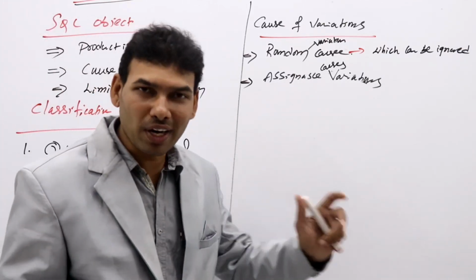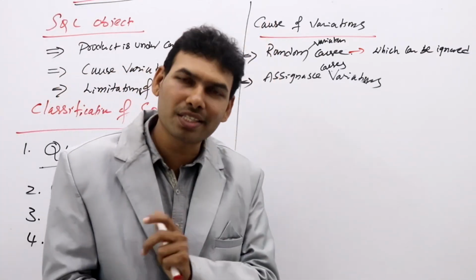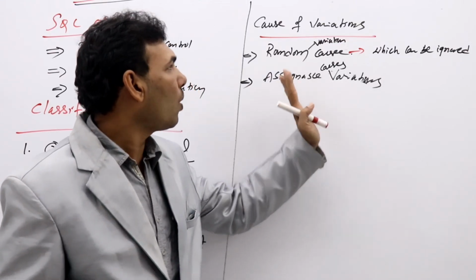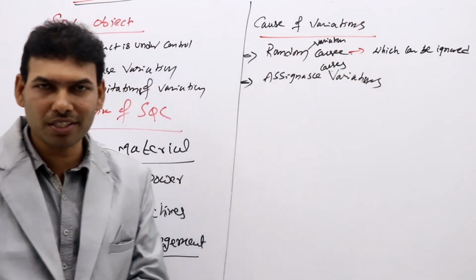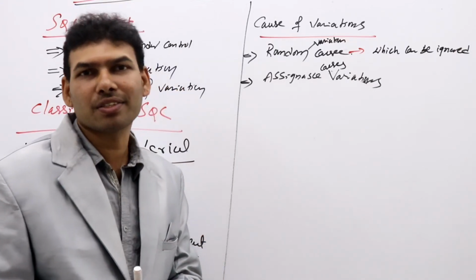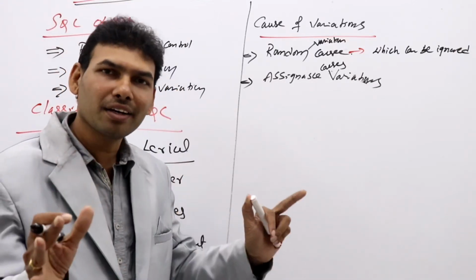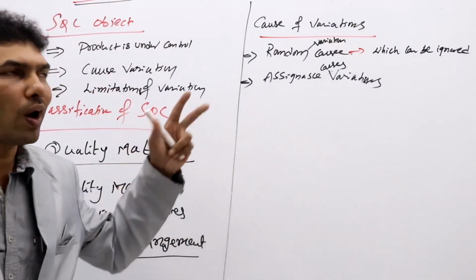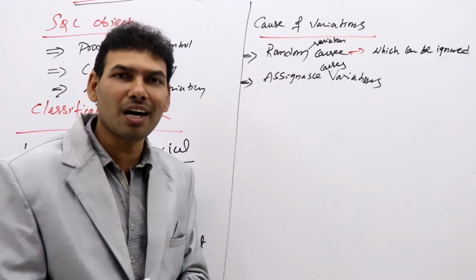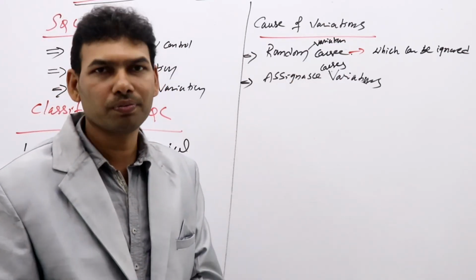So here our work in quality control means overcoming these assignable variations. If you don't get assignable variations, then we can say the quality is under control. If you have variations due to random causes, they can be ignored.